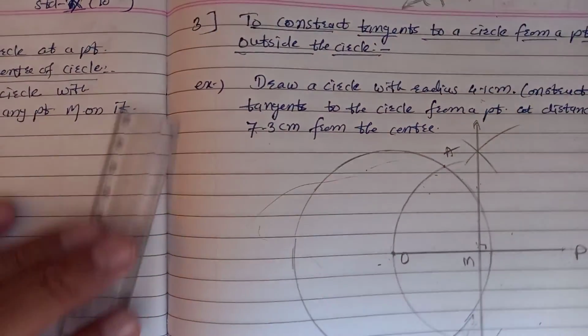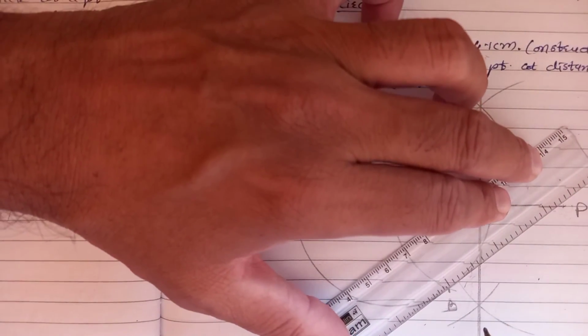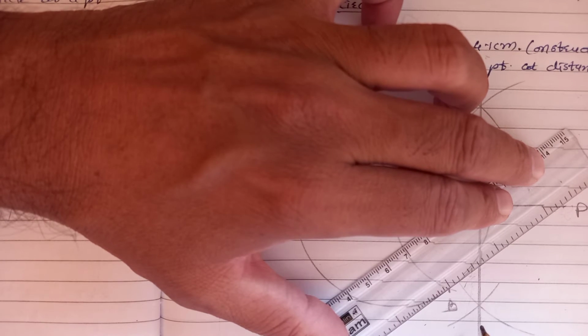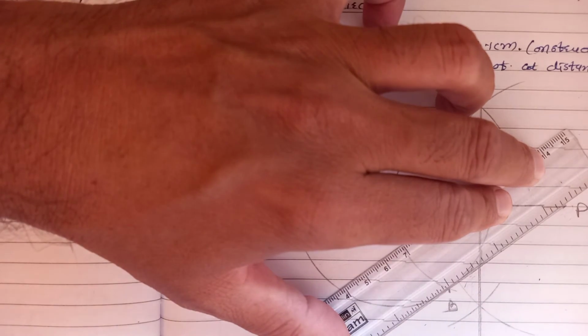Then what do you have to do? Last step. Here take the scale. Take the scale from the point P and this intersecting point B. Draw one ray like this.